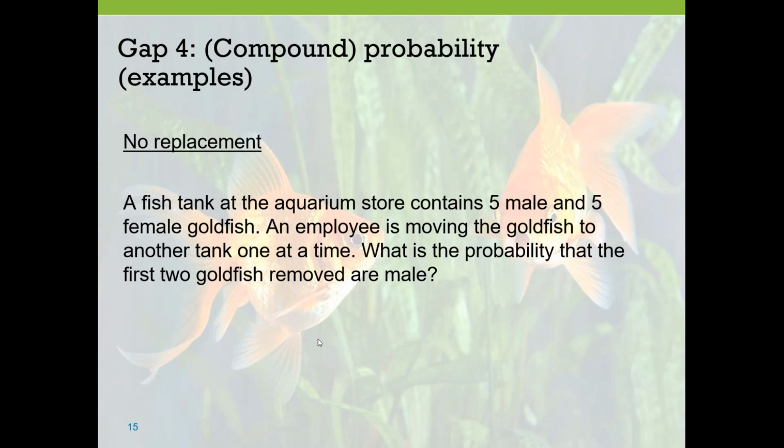So it's not only a situation of, oh, they have problems with no replacement, or they have problems with sequential events. It's really a bigger problem of recognizing the situation and then applying the appropriate strategy.